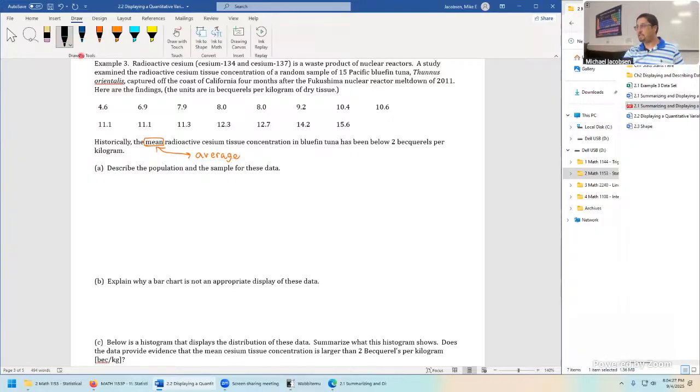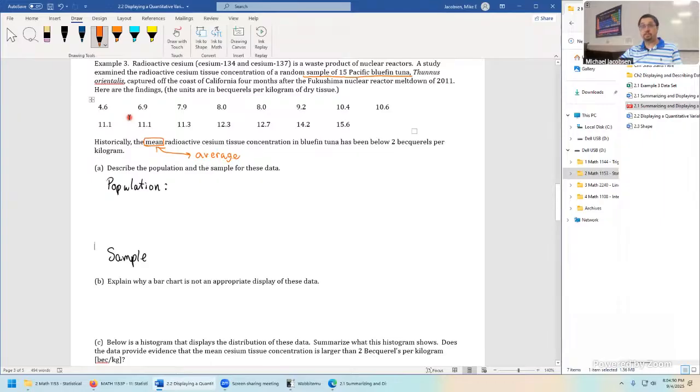Hardest thing about this problem is, what is the population? The not as hard thing is, what is the sample? The reason the sample is not too hard to indicate is, it can be pretty brief when you go to describe it, and they literally said right here, there's a sample of 15 Pacific bluefin tuna.